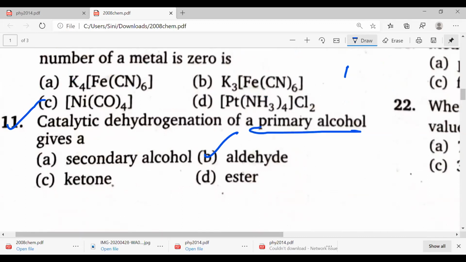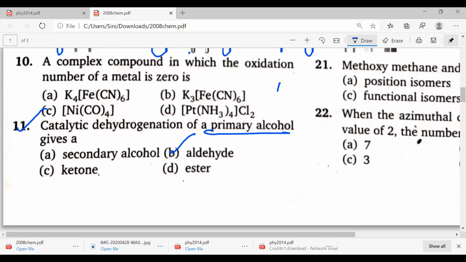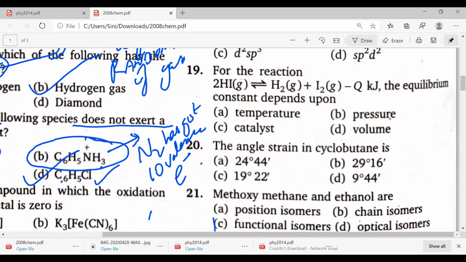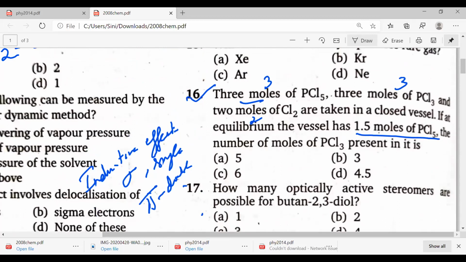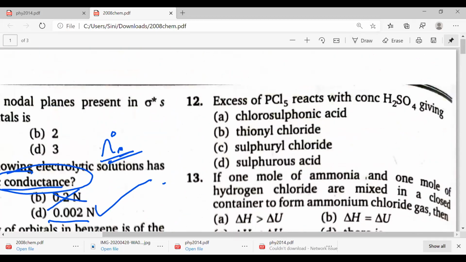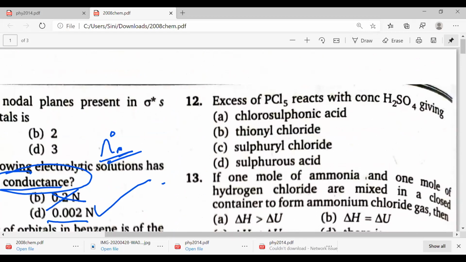Primary alcohol gives aldehyde. We all learned it. That's it. Mark these options and go on. 11th one. 12th one.